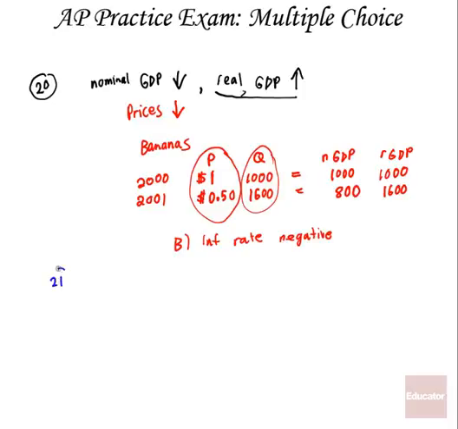Question number 21. An increase in which of the following would reduce the U.S. balance of trade deficit here? So let's take a look at the answer choices. A, U.S. demand for foreign goods; B, the United States rate of inflation compared to other countries here.